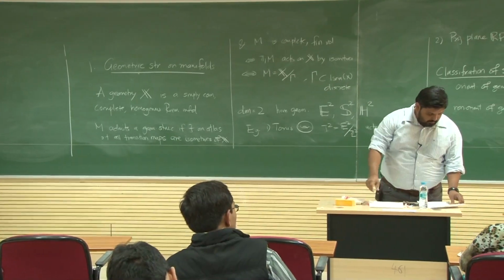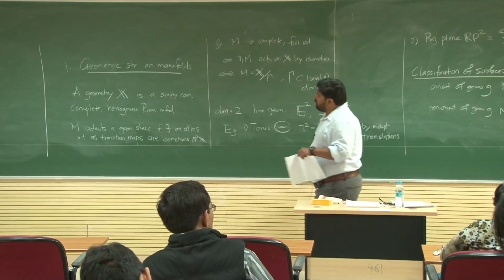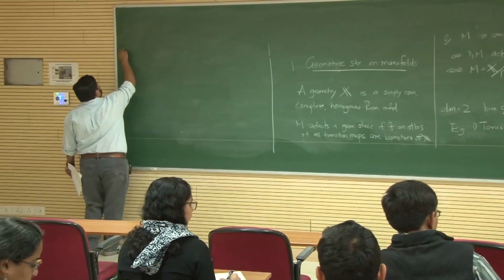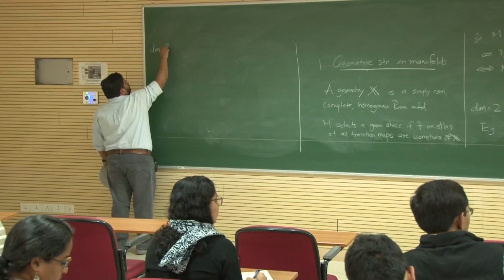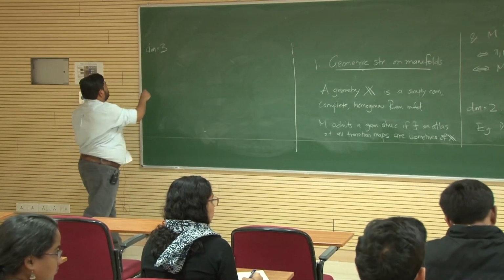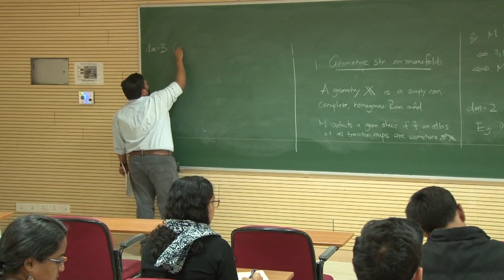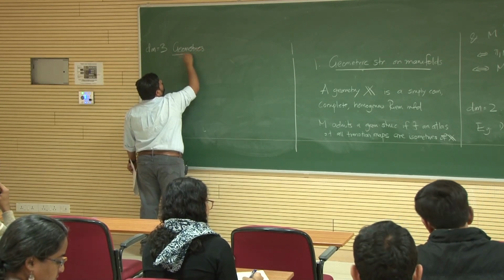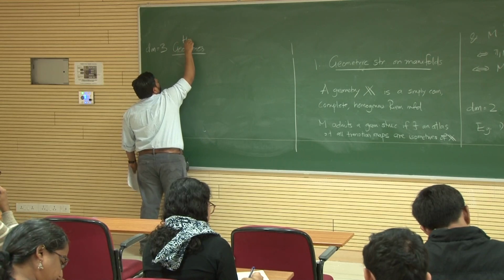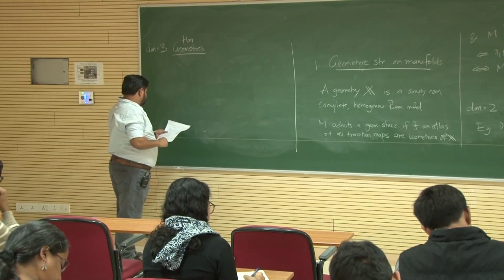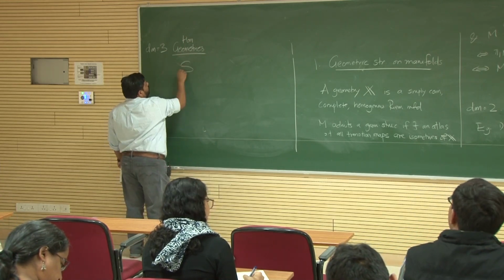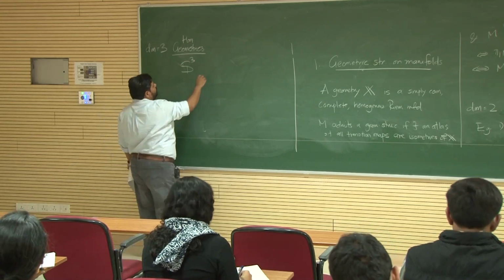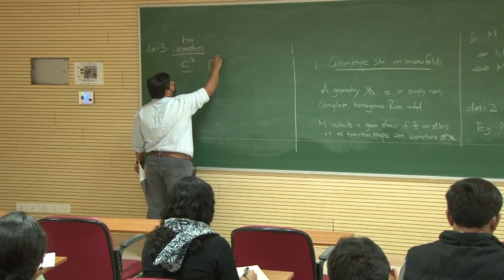So, what happens for 3 dimensions? Here are the homogeneous geometries. Like the 3 geometries in 2 dimensions, we have 3 geometries in 3 dimensions.